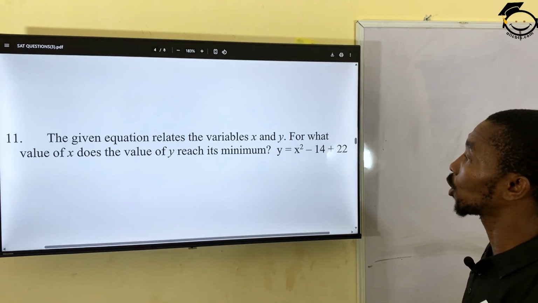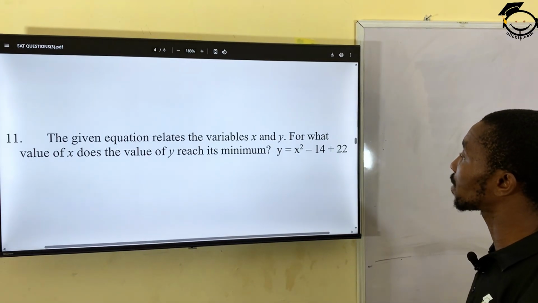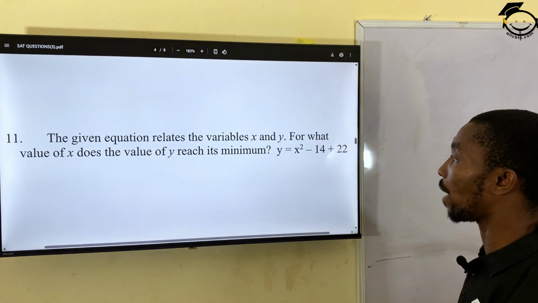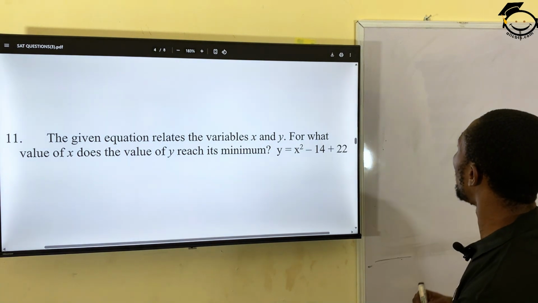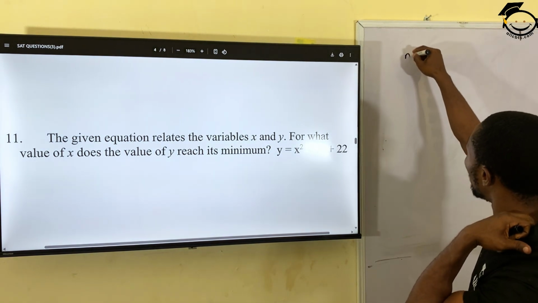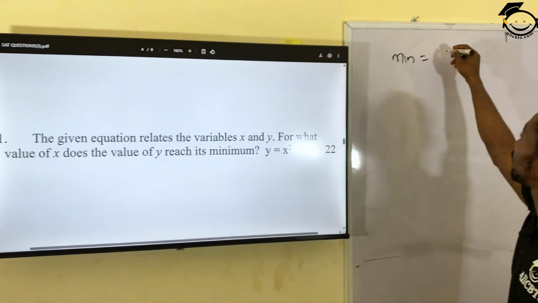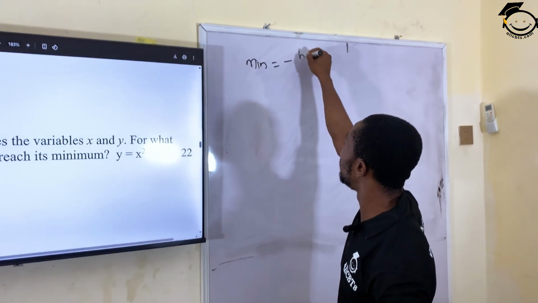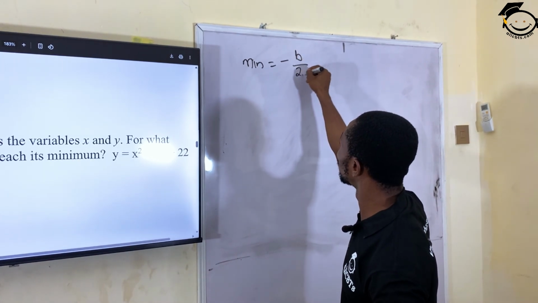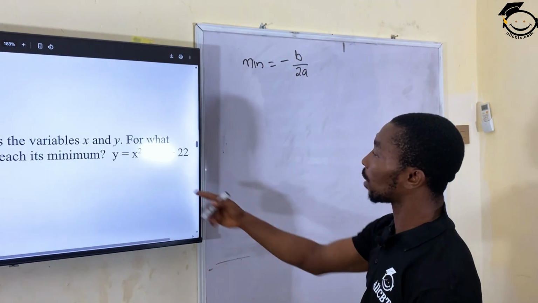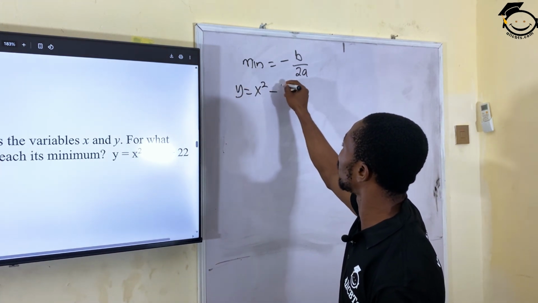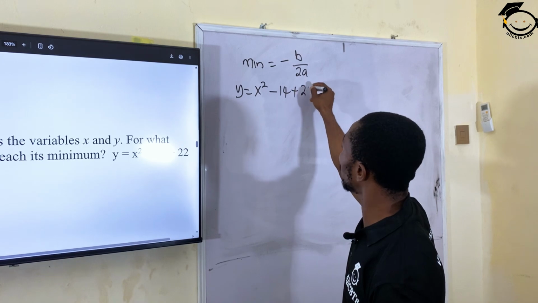The given equation relates the variables x and y. For what value of x does the value of y reach its minimum? In talking about minimum, to find the minimum value we use minus b over 2a as our formula. Our equation is y equals x squared minus 14x plus 22.